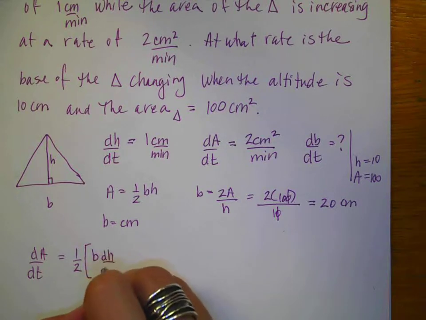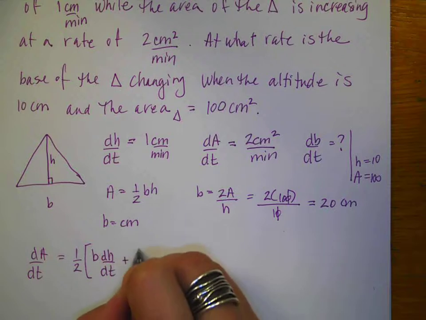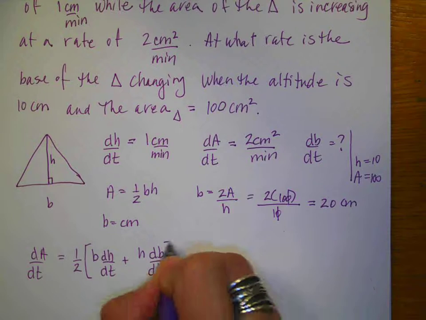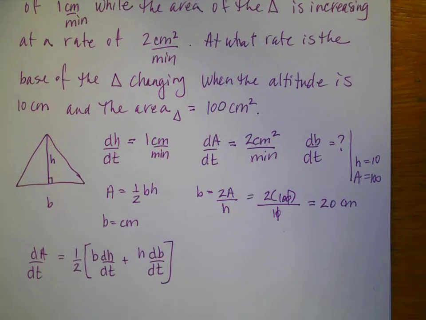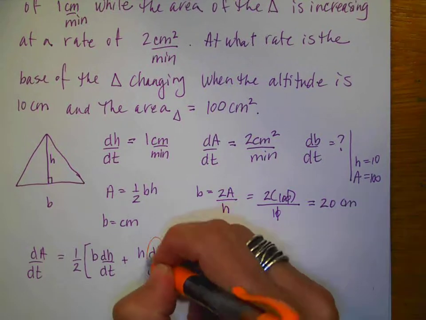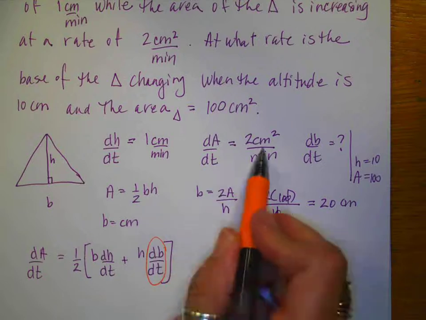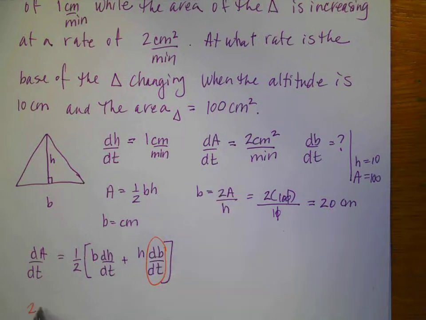And then b times h is the product rule, so it's the first thing times the derivative of the second thing plus the second thing times the derivative of the first thing. All right? And if you'll remember from the information that we wrote down, this is what we're actually trying to solve for.